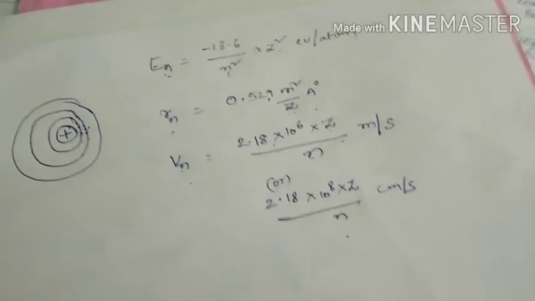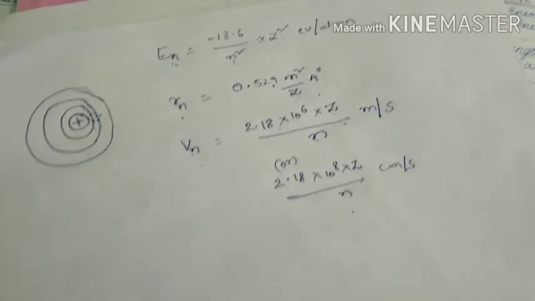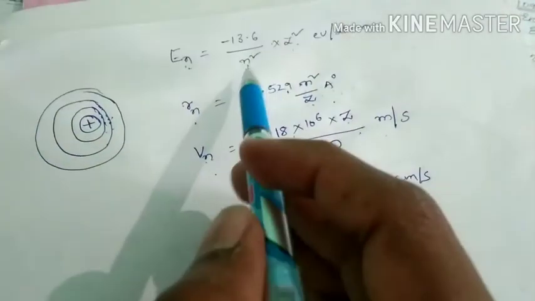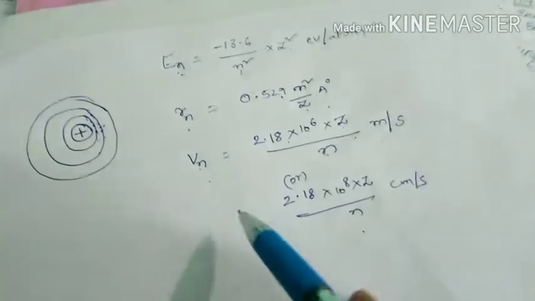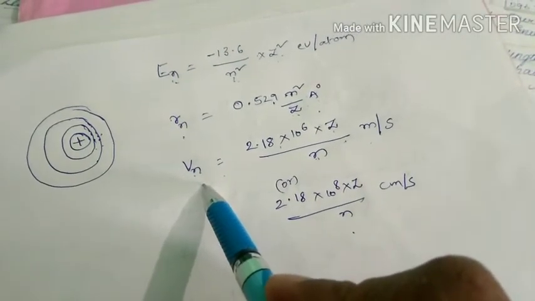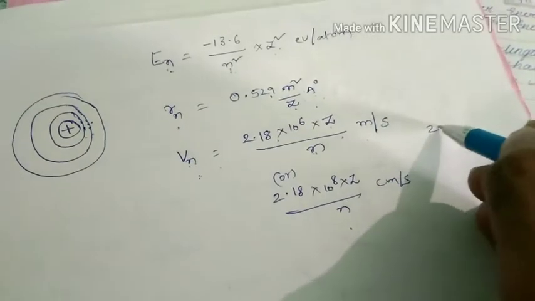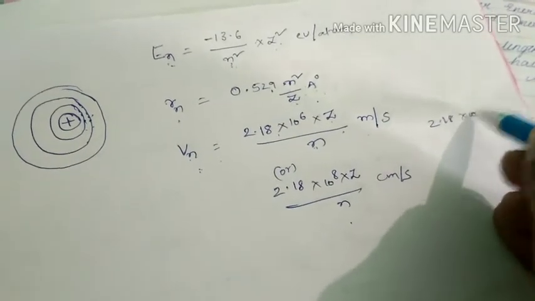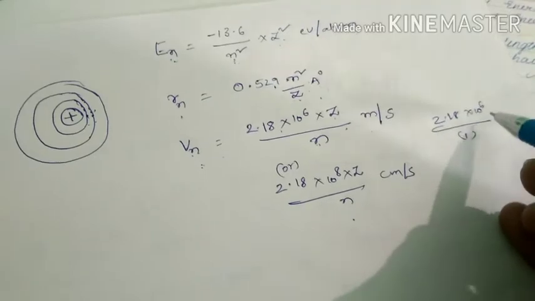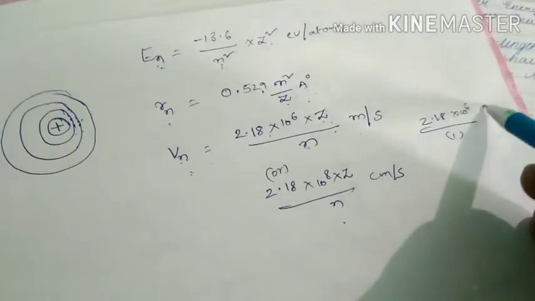Next, here we have to know one more point. The first point is, see, if you see velocity, if the electron is present in the first orbit, its value is 2.18 into 10 to the power of 6 by 1. Suppose it is a hydrogen atom, then Z value is 1.